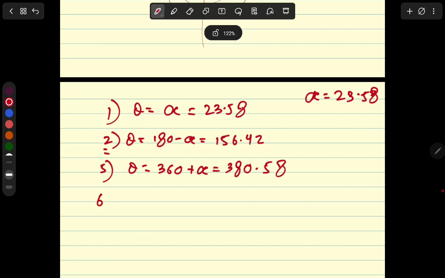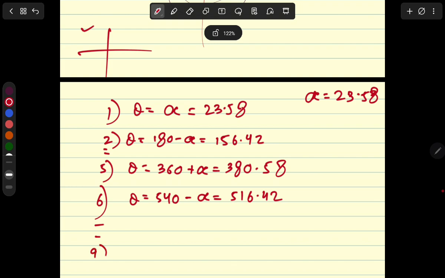In the sixth quadrant, because that's again a positive quadrant, this is 540 minus alpha, which is going to be equal to 516.42. Then the seventh and eighth quadrants are negative. The ninth quadrant is going to be 720 plus alpha, which is equal to 743.58.